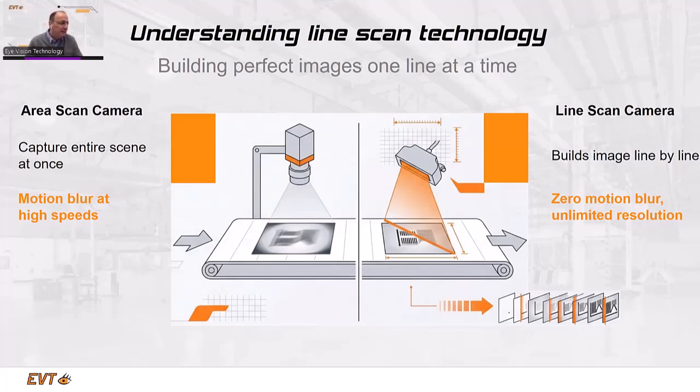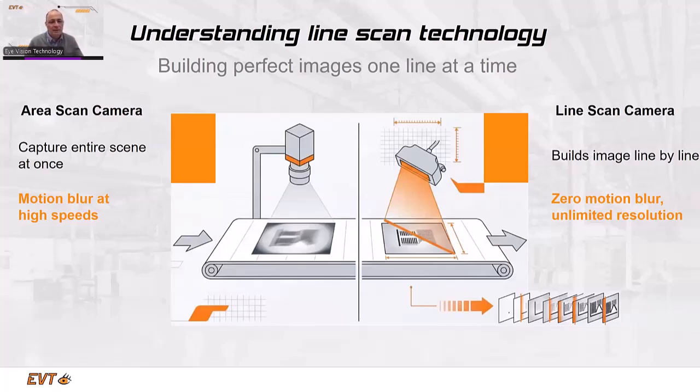They run, depending on the camera, up to 40, 50, 100,000 lines per second. Of course, the downside of this advantage is that if you run with a very high image capture speed, you also need a lot of light to simply illuminate for the fraction of time each single line.